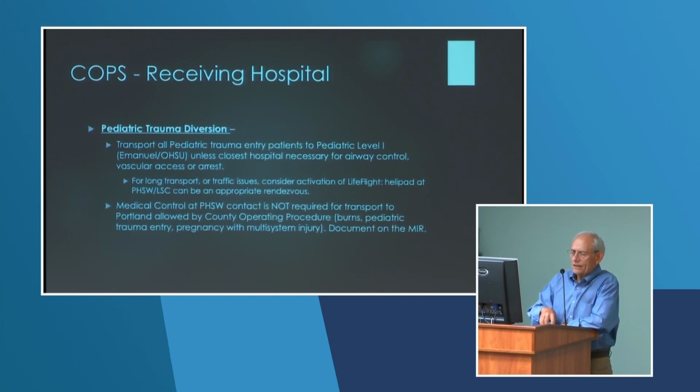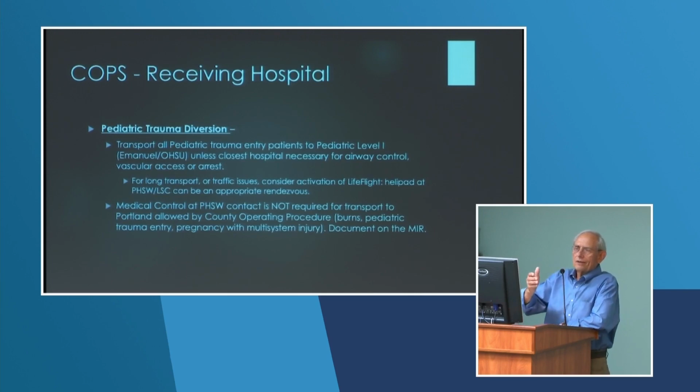But on cases of trauma entry, and I don't want it to be, oh yeah, he broke his arm, I'm going to go to Emmanuel. No, trauma entry patients, if they fit trauma entry criteria, and I know they're going to be admitted and observed at least overnight, you'll save them an extra trip, you save them some time. We've got at least one case we know that it would have been better to go.